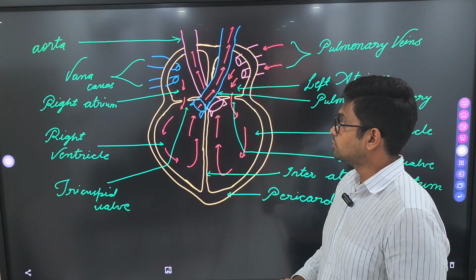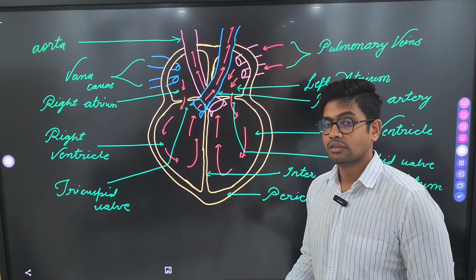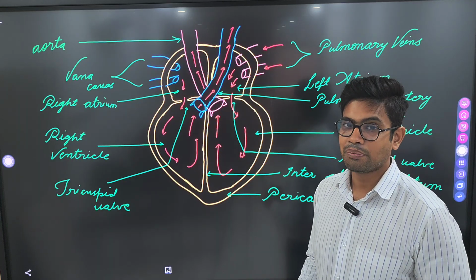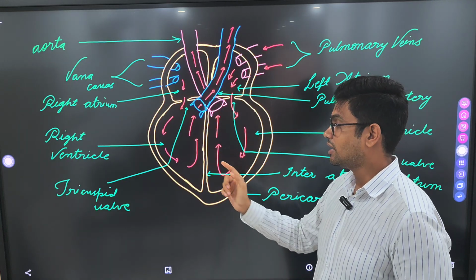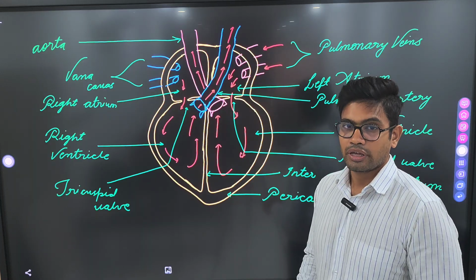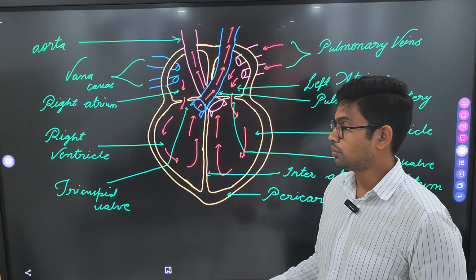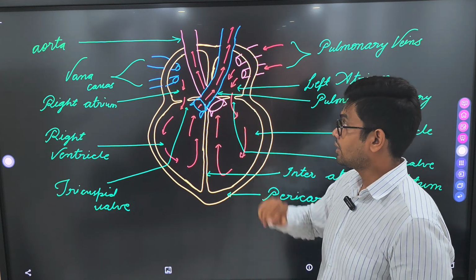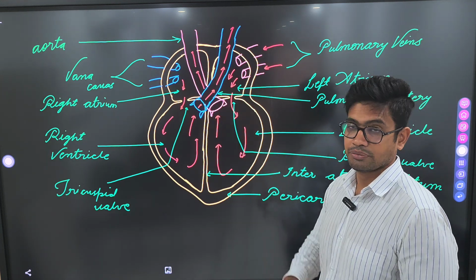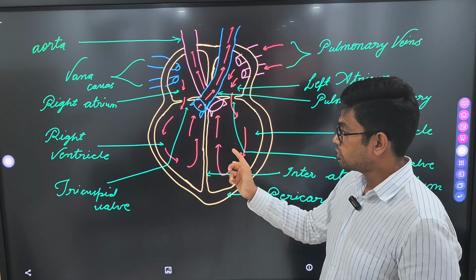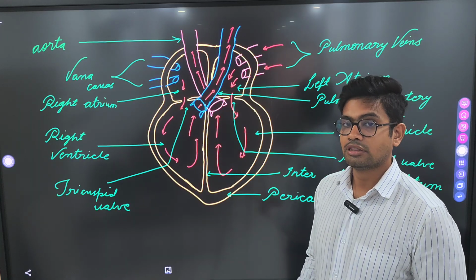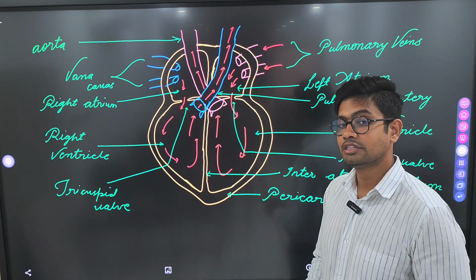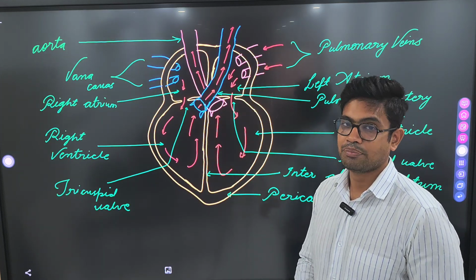Both the atria are separated by a thin muscular wall. That thin muscular wall is called the interatrial septum. Both the ventricles are also separated by a thick muscular wall, a bit thicker compared to the interatrial septum, and this is called the interventricular septum.